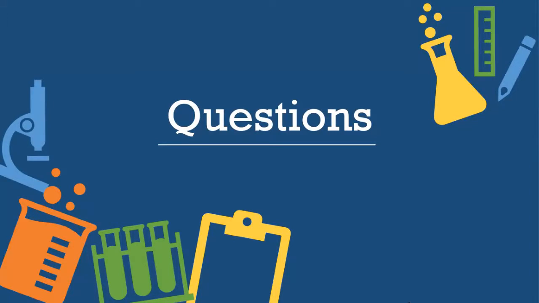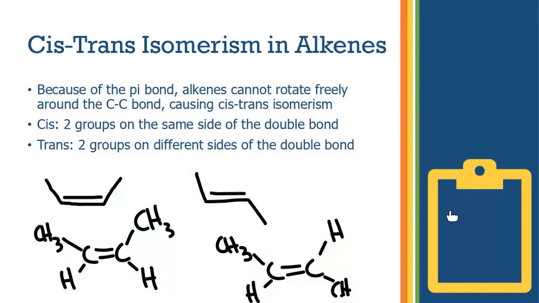Does anyone have any questions about anything, even if it's from today or from lab? For the cis-trans bonds, for the cis one, does it just have to be symmetrical? Like, could the two hydrogens on the left together be cis? Okay, so to have cis-trans isomerism, these two groups on the carbon have to be the same.